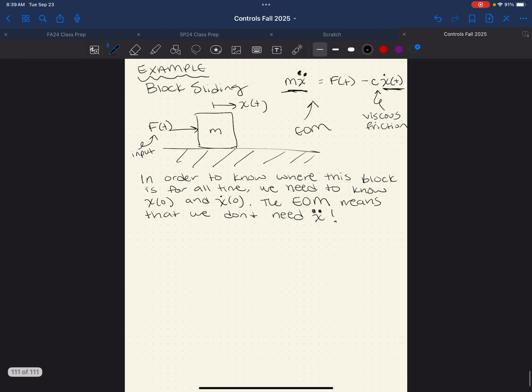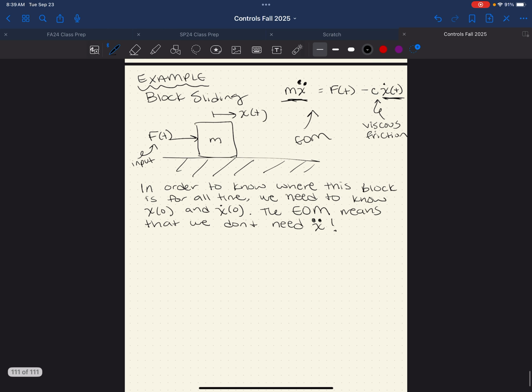Okay, so now let's take this idea of a state and let's talk about state space. State space is the n-dimensional space whose axes are the state variables.